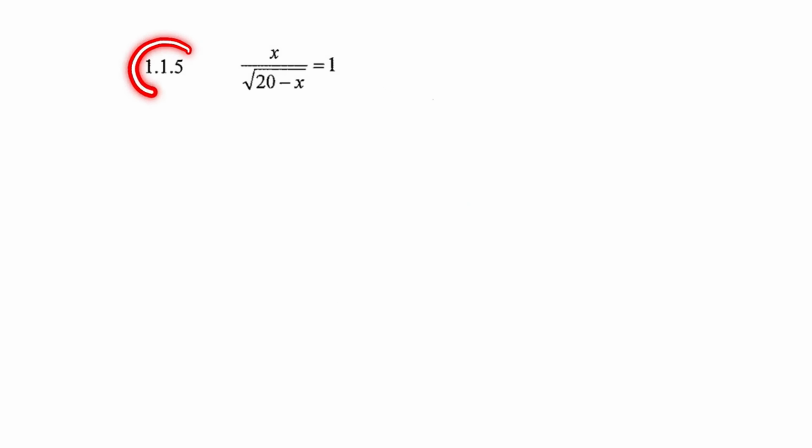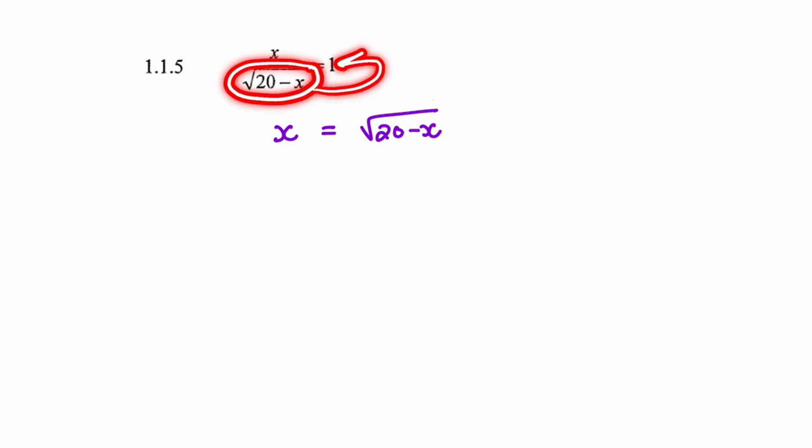Question 1.1.5. Here we have x divided by the root of 20 minus x is equal to 1. So what I'll do first is cross multiply to have x equals 1 times the root of 20 minus x. So what I'm doing is taking the denominator and multiplying that with 1.